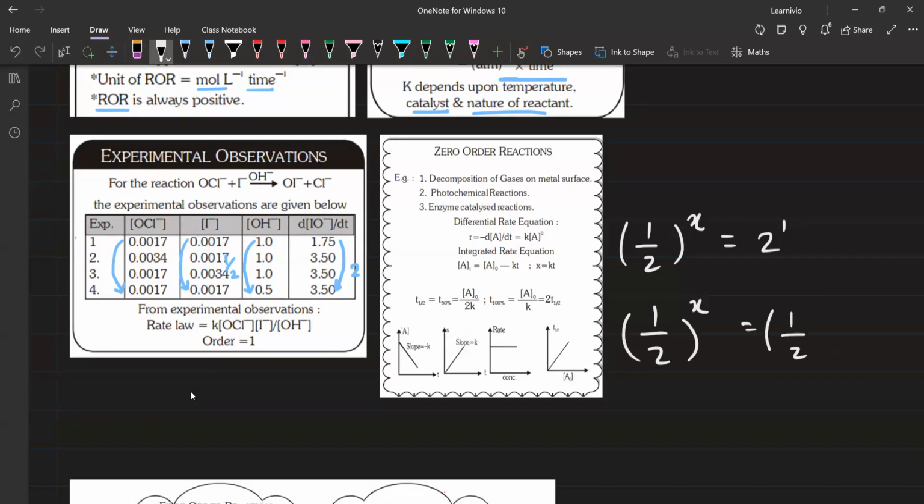Because if you have 2 to the power minus 1, the 2 will go above and it will become plus 1. So we have to have the bases the same, and now we can say x is equal to minus 1.